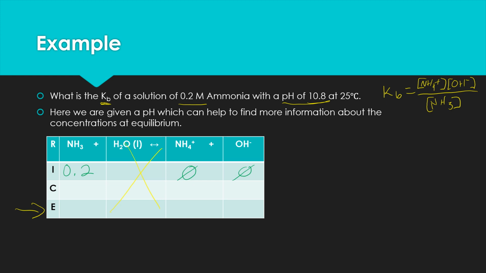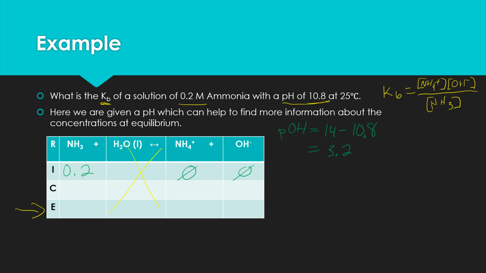We have hydroxide, but it could also help us find our pOH, which could help us with our hydroxide ion. So if I wanted my pOH, since they are related, that would be 14 minus my pH. You can always use that equation. So 14 minus 10.8, we get 3.2.